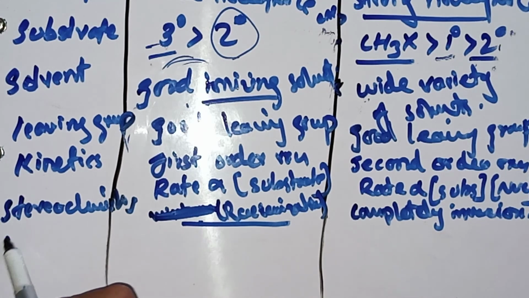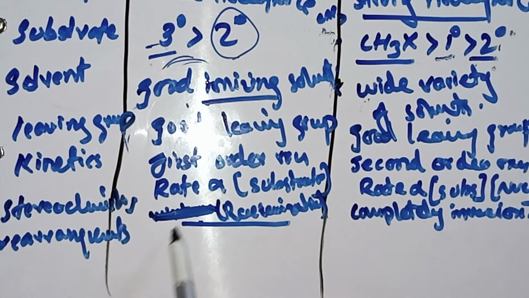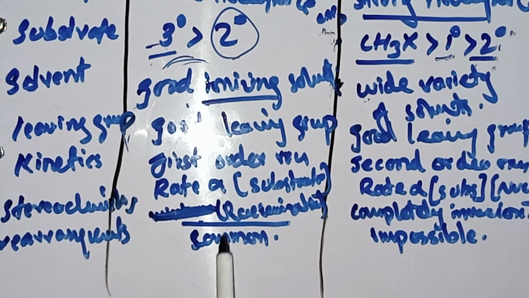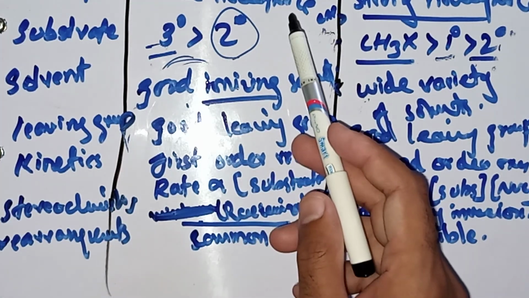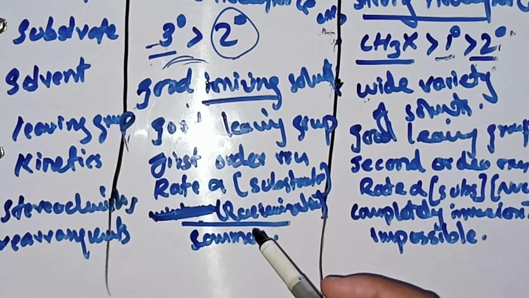Another factor is rearrangements. In SN1 reactions, rearrangement is common; the SN1 reaction follows a rearrangement pathway, while in SN2 reactions rearrangement is impossible. Why is rearrangement present in SN1? Because in an SN1 reaction, ions are produced in the rate determining step.